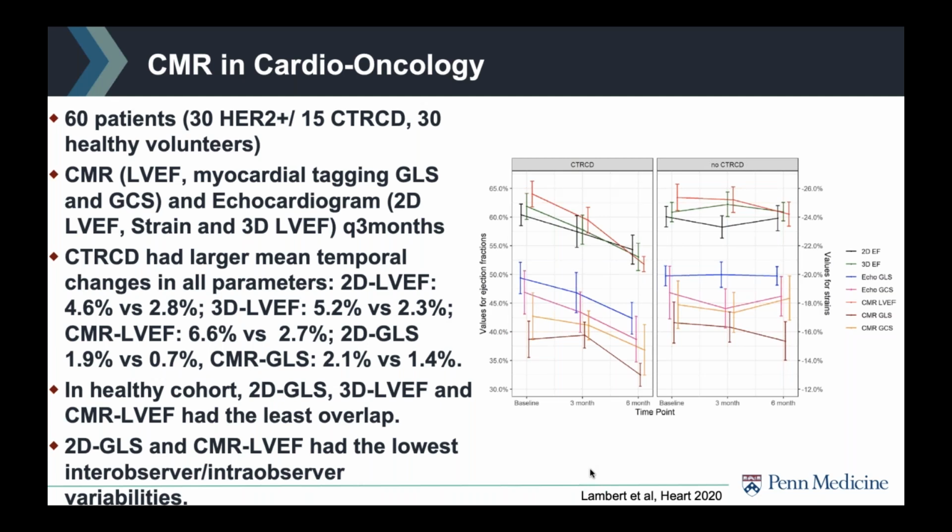In the healthy cohort, the 2D GLS, the 3D LVEF, and also the CMR LVEF had the least overlap and the least mean temporal changes. Their conclusion was that the two-dimensional GLS on echo and the CMR LVEF had the lowest inter-observer and intra-observer variabilities in between cohorts.